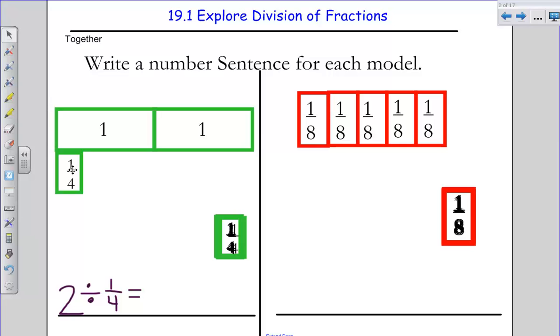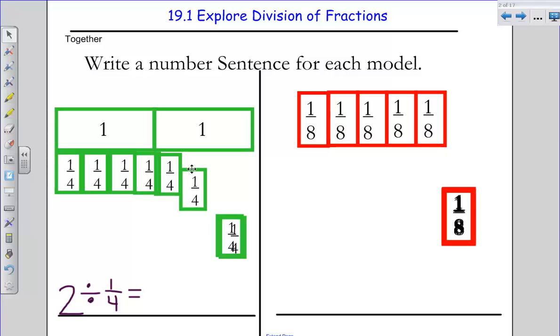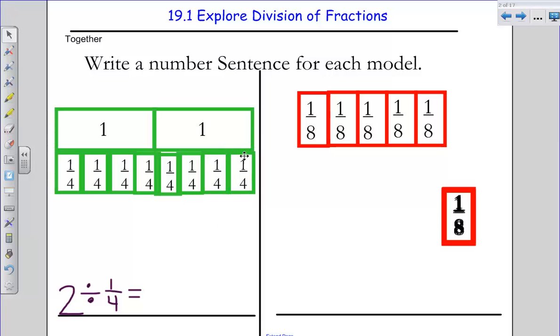There are 1, 2, 3, 4, obviously, right? 4/4 fit into 1. So that should automatically mean that there's going to be 4 that fit into this other one.